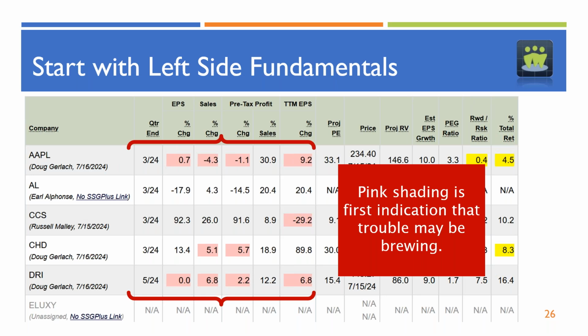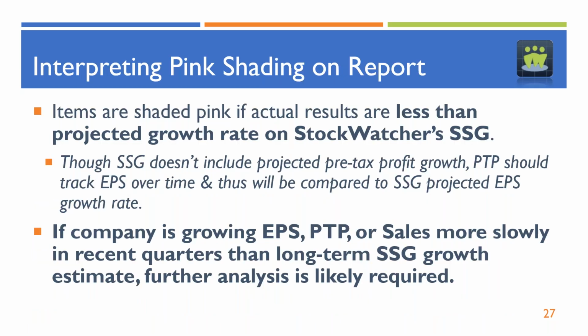So the Air Lease in the second line, there are negative values there. They're not shaded because there's no SSG to compare the data to. And so again, while this is a slice in time, it's telling you that as of this quarter, there are certain factors here for these companies that you need to pay attention to, that you need to understand.